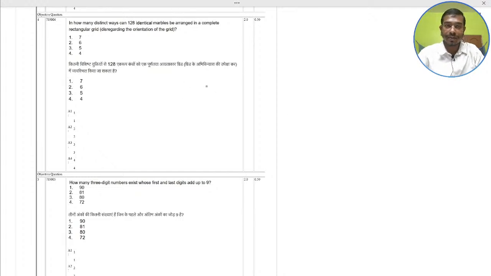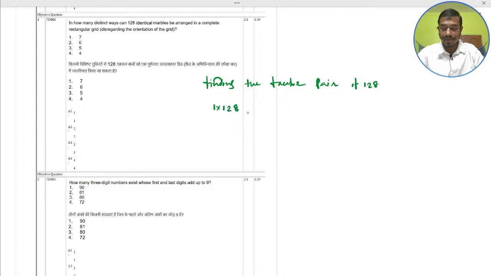You should find the factor pairs of 128 first: 1 into 128, 2 into 64, 4 into 32, and the last one 8 into 16.